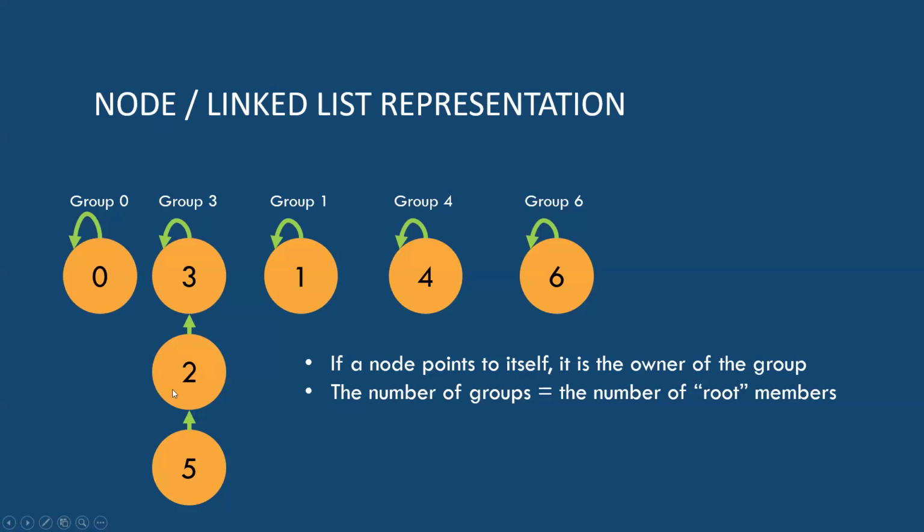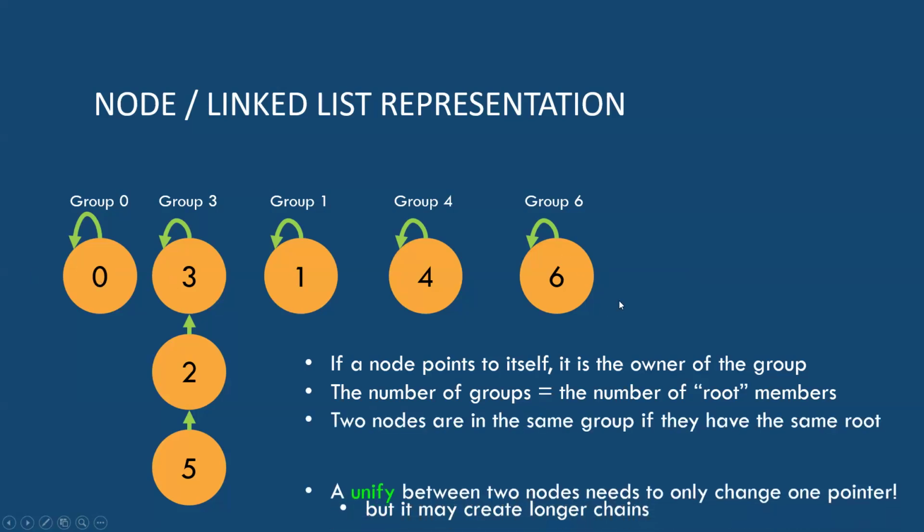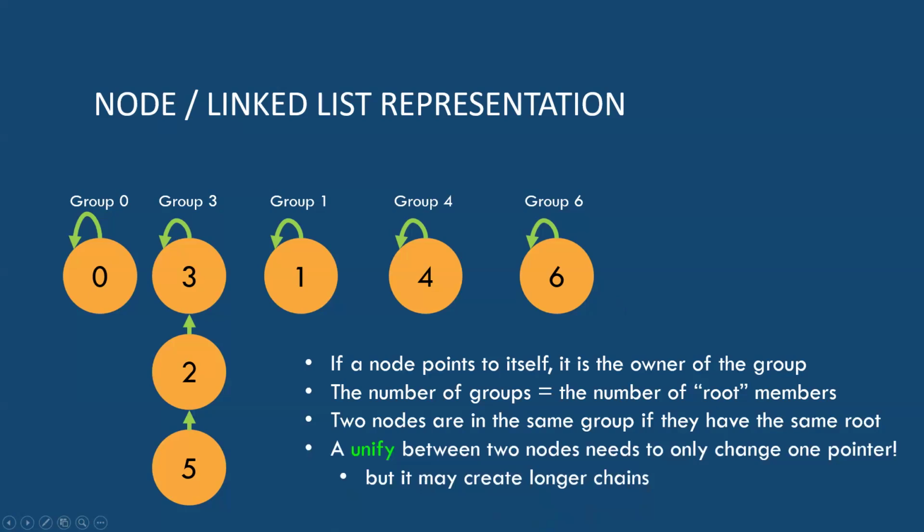So 5's parent is 2, 2's parent is 3, 3's parent is itself. So we'll know that 3 is the head of the group if it refers to itself. So we're going to have a parent array that just says who everybody's parent is. We don't need more than n positions in a parent array to record all of our parents.